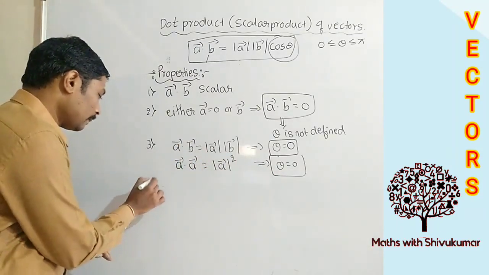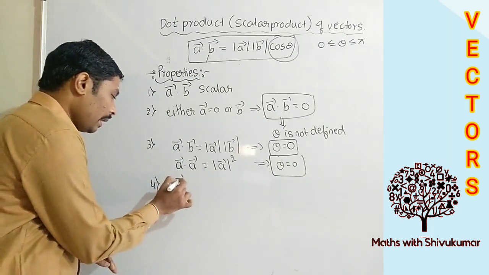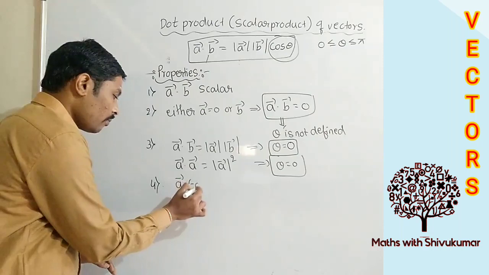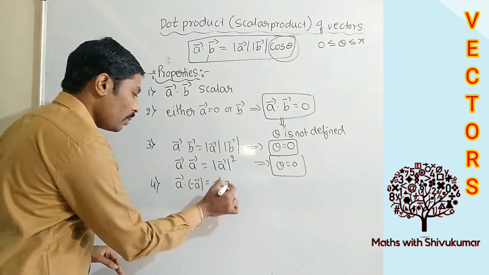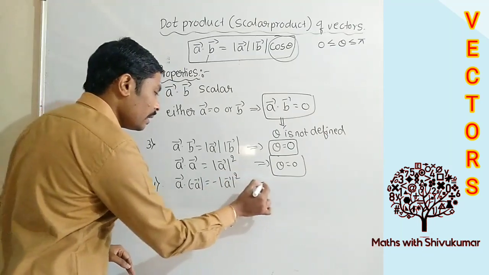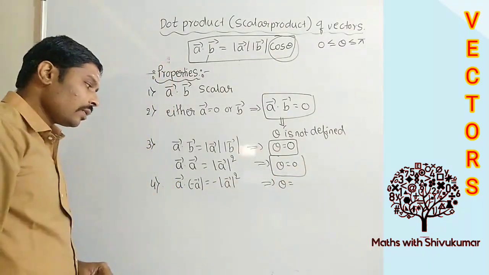Point number 4: A dot minus A is equals to minus of magnitude of A square. In this case, what is the value of theta? Look carefully.